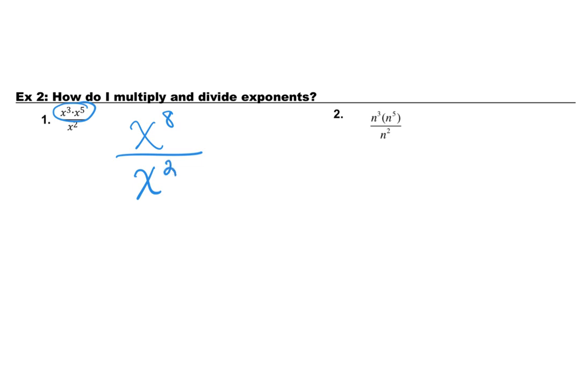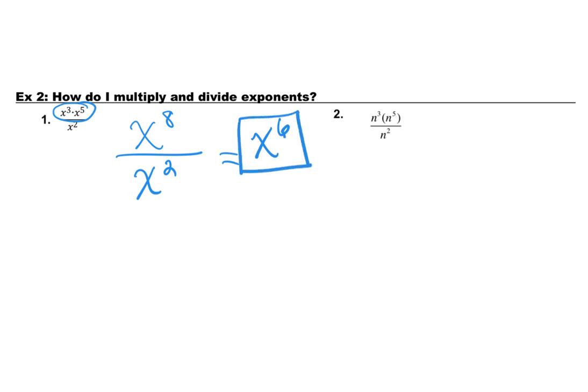And now we're just going to simplify this by subtracting the exponents. Remember, we have eight x's on the top, two x's on the bottom, and two of them cancel out, leaving us with x to the sixth power.